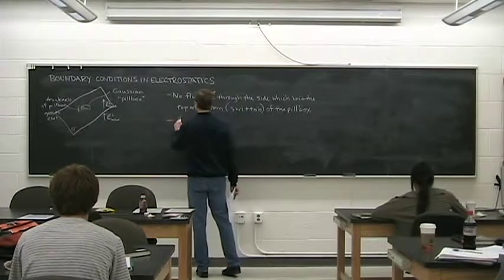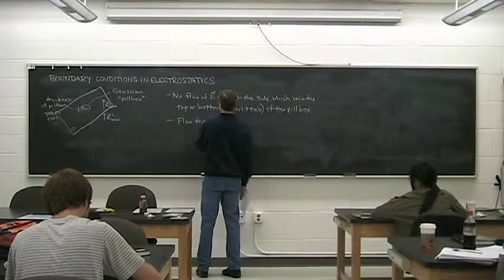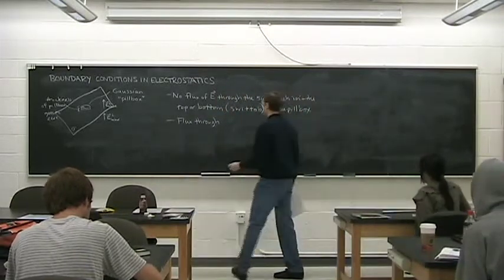So the flux through the top and bottom, the way we've drawn it here, and if you got a minus sign in a particular application, it just means the electric field is pointing opposite to your assumption.